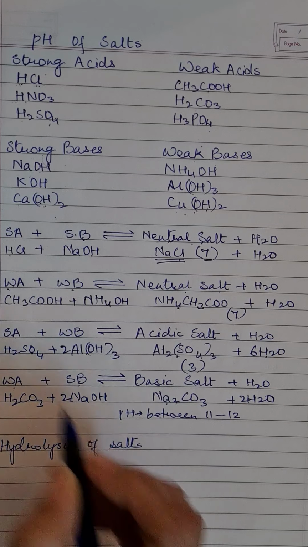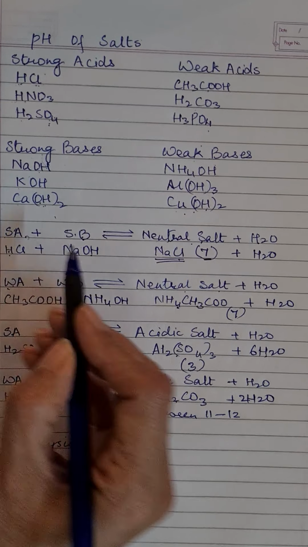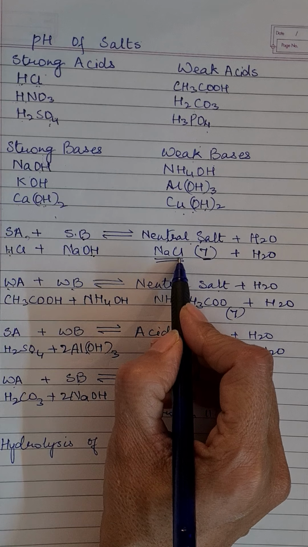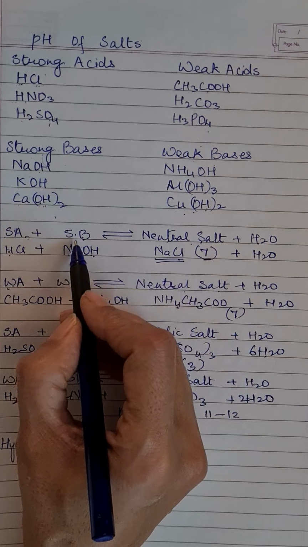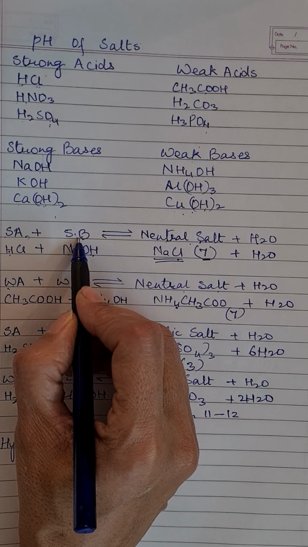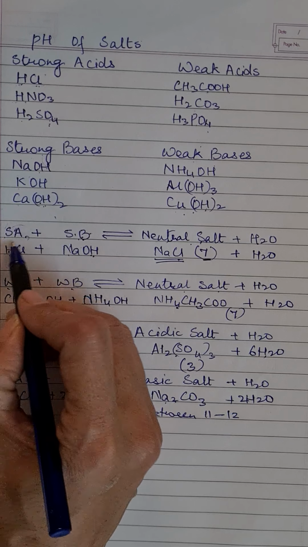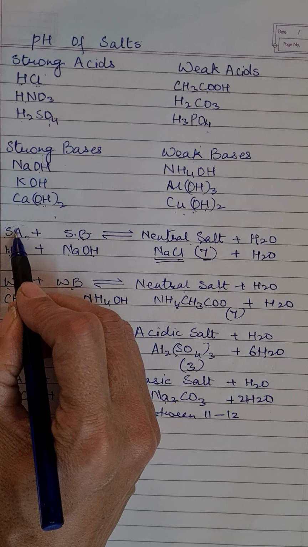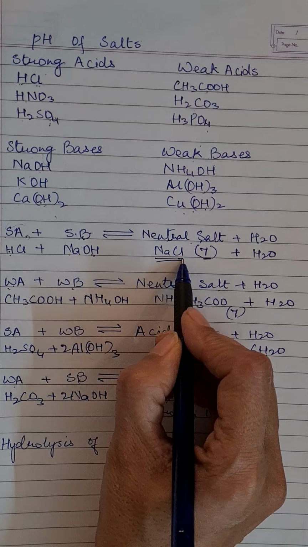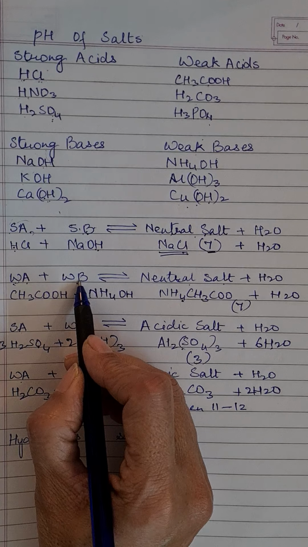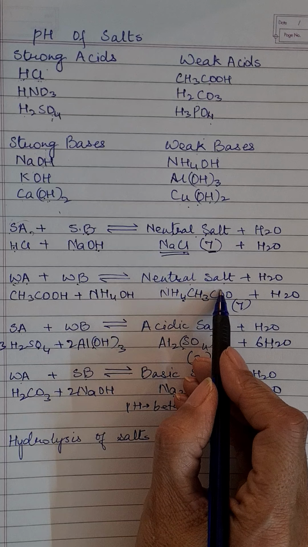Now once again, when a strong acid combines with a strong base, it forms a neutral salt, because the strength of the strong base is neutralized completely by that of a strong acid. So a neutral salt is formed. When a weak acid combines with a weak base, again a neutral salt will be formed.